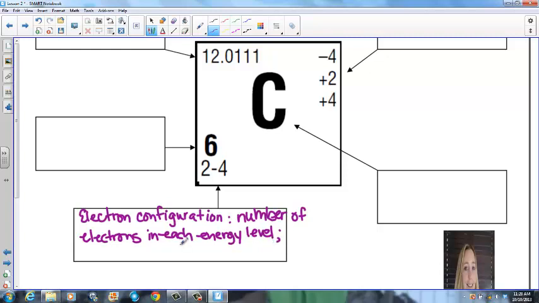If we add the numbers up, that will tell us the total number of electrons in the atom. Electrons, and I'm going to use the symbol e with the minus. Okay, and we talked about that before. So the symbol for electron, because they're negatively charged, we'll use e for electron and the negative for the charge.